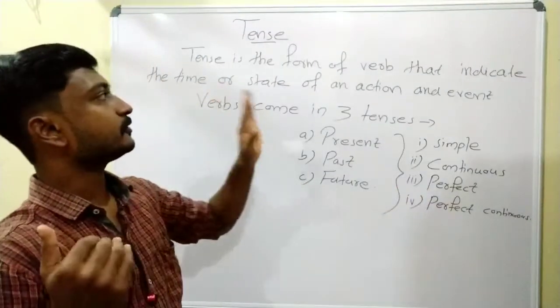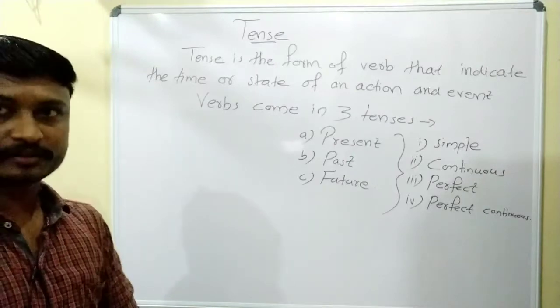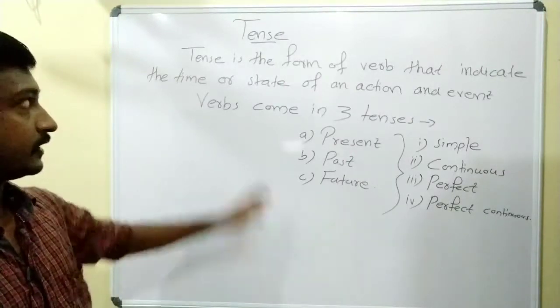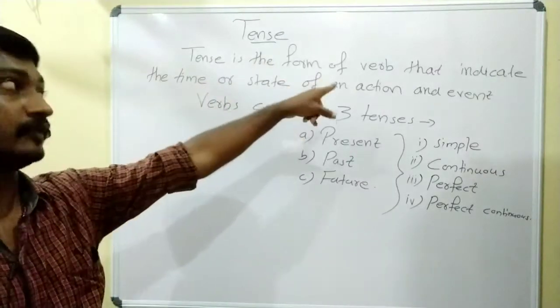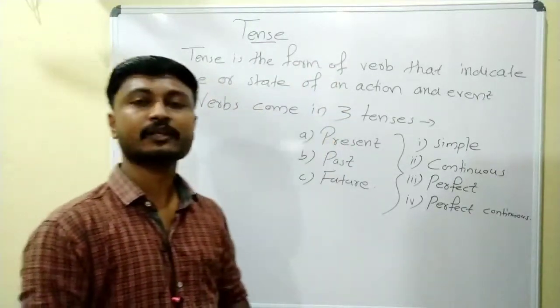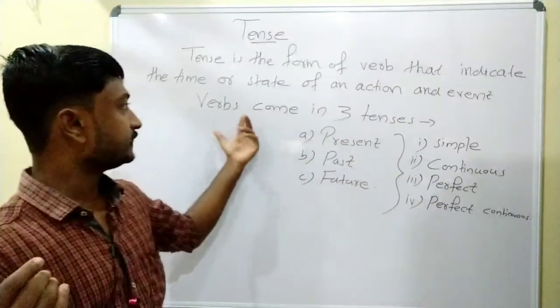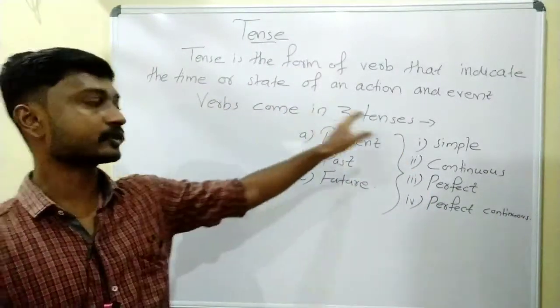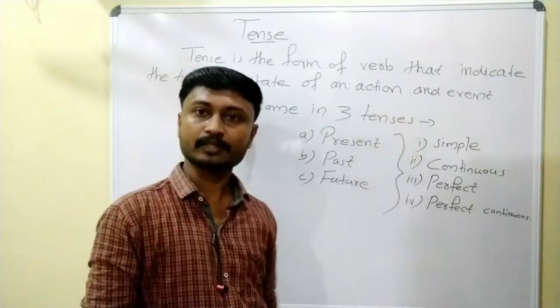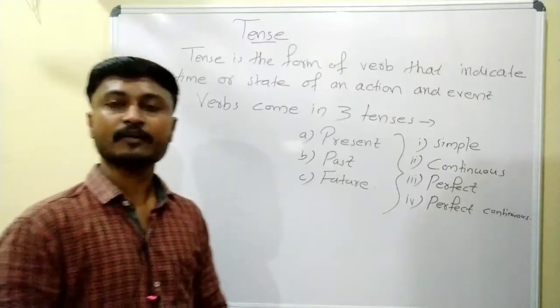Tense is the form of verb that indicates the time or state of an action and event. That is what tense is. And the verbs come in three tenses: present, past, and future.